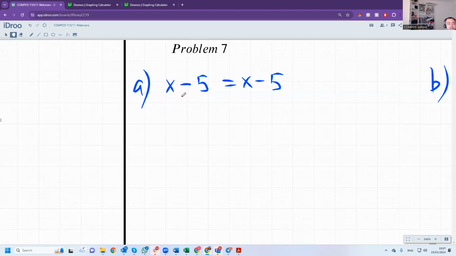Does anyone know? How do you solve this equation? When you're solving an equation, what do you need to find? Don't be shy. Come on, ideas. I bet no one's ever given you this equation.